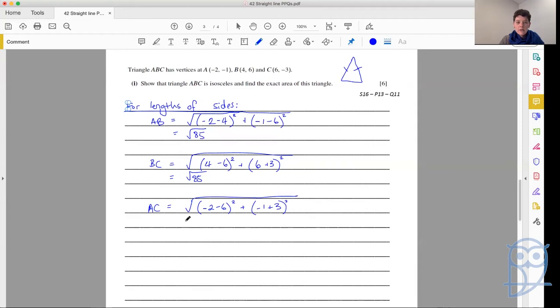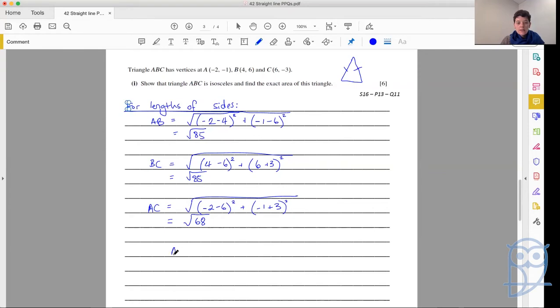Put it under a square root. So minus 2 minus 6 is 8 squared, which is 64. Minus 1 plus 3 would be a 2, so it would be plus a 4, which is the square root of 68, which is different. So we don't just leave it at that, okay? We were asked to show that, so we need a statement that is giving the answer.